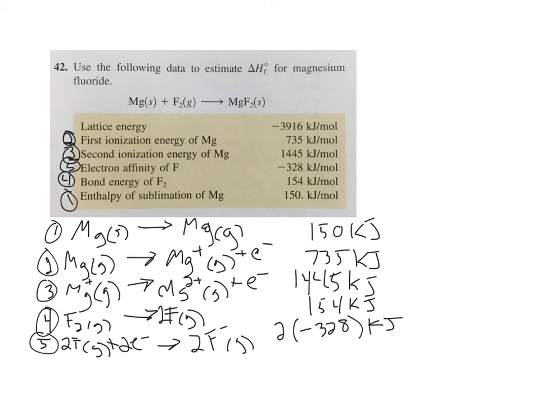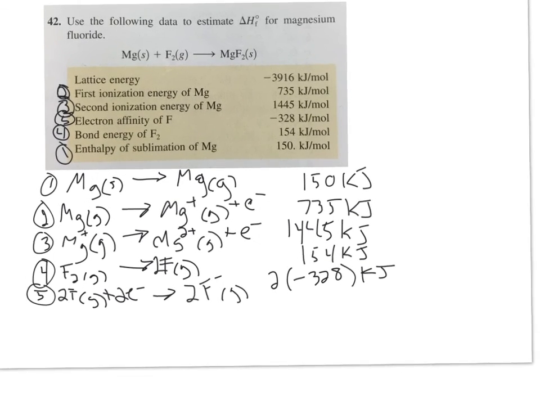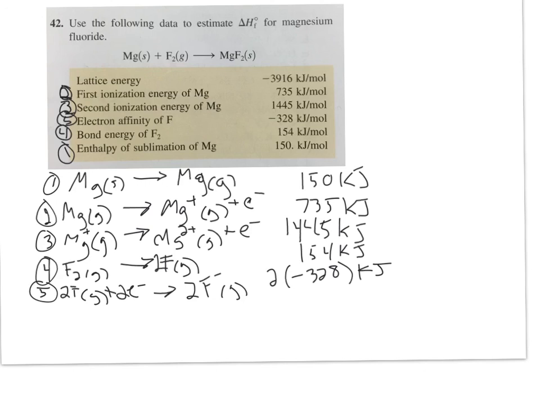So we have taken the solid magnesium atom and turned it into a gaseous magnesium plus 2 ion. We've taken the gaseous fluorine molecule, separated it, and turned each of those atoms into a fluoride ion. So now the last step is to combine the 2 ions that we've created.